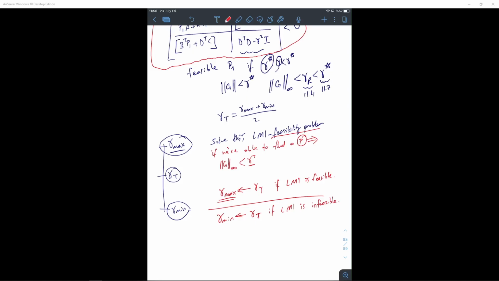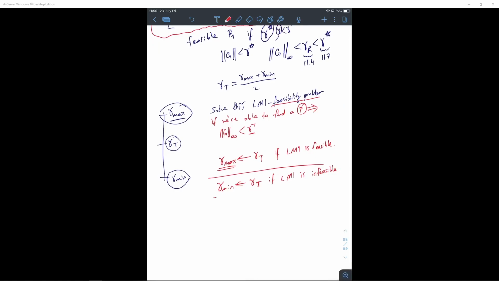After that, again we are going to compute gamma t by averaging gamma max and gamma min. Then again we are going to do this update step.